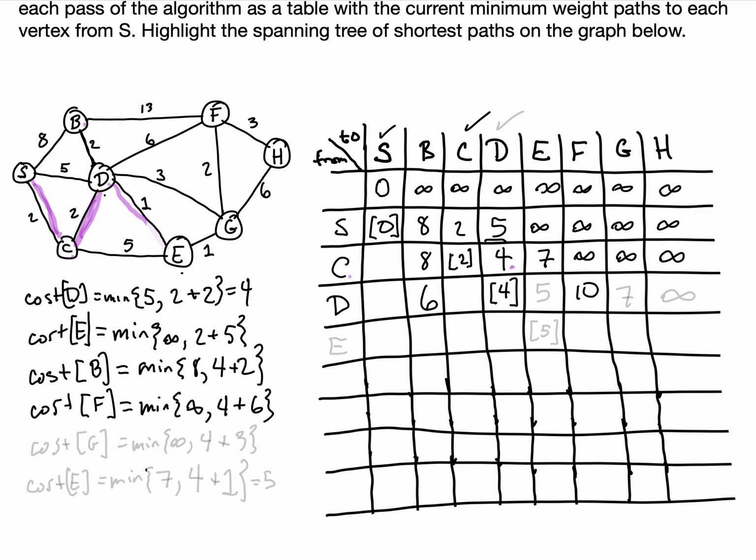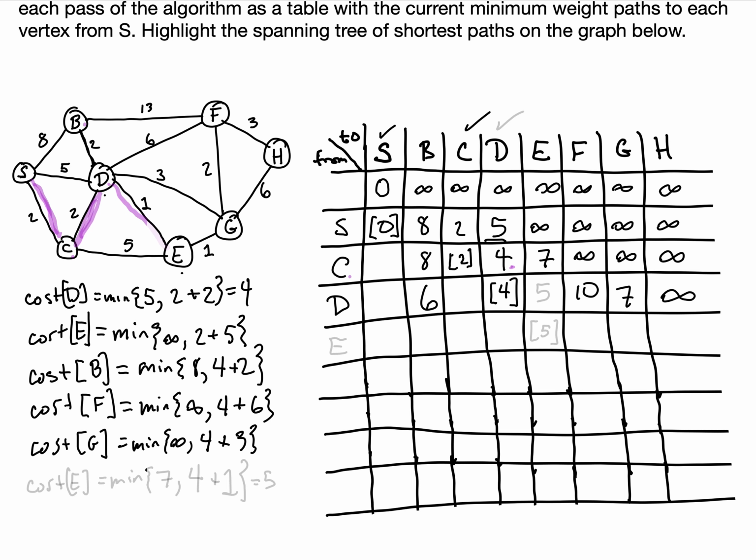G is another neighbor of D. So the cost of G is the minimum of its previous cost, which was infinity, and the weight of the path up to D, which is 4, plus the weight of the edge from D to G, which is 3. So it's the minimum of infinity and 7, which is, of course, 7. And H is not a neighbor of D, so that's still going to be infinity.